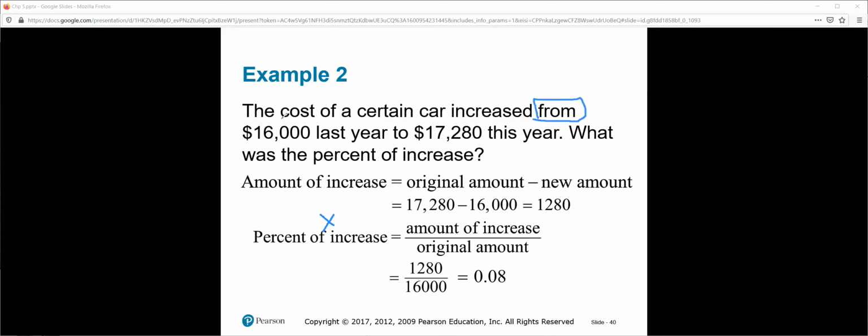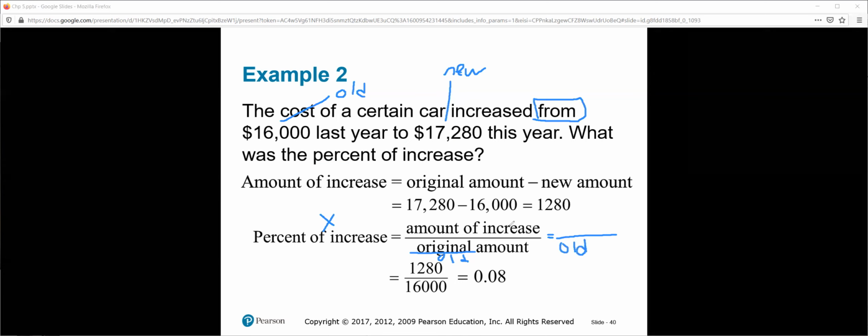From says this number right here is the old number, and this number right here is the new number. Fantastic. The original looks a lot like old. So I know the number on the denominator, in this particular equation, needs to be my old number.